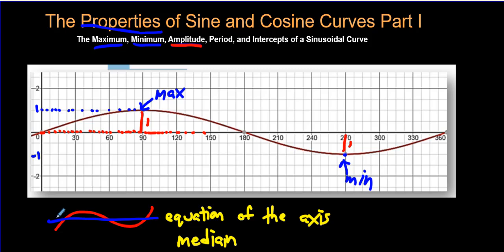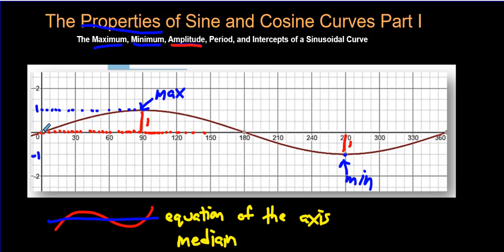Just think of it like in a car. There's an axle, right? And the axle is in the middle of your tire. It's right in the middle. So it's this number right here, the number that would be right here. It would be 0 in this case. Now later on, when we move these curves up and down, this number is going to change. But for a basic one like this, based on the video we just did before this, this is a sine curve.